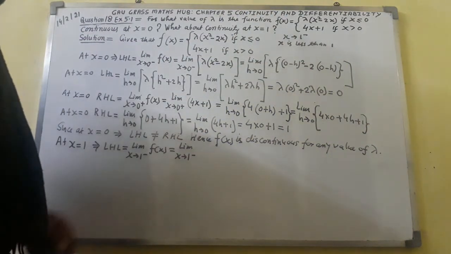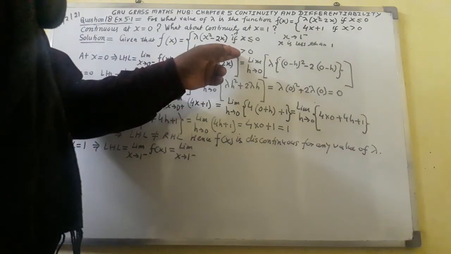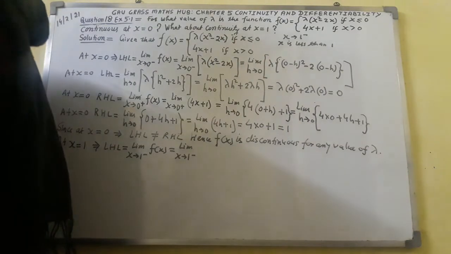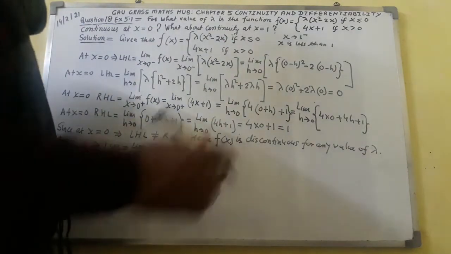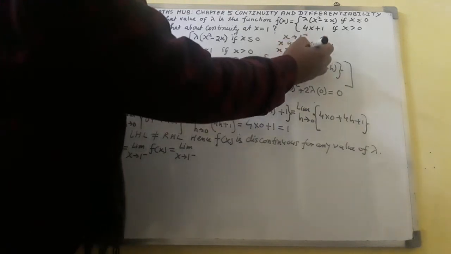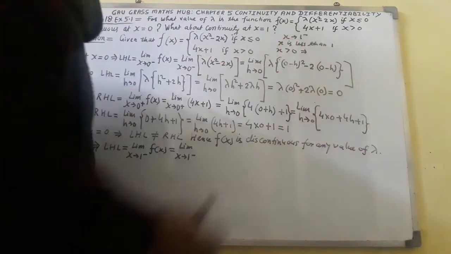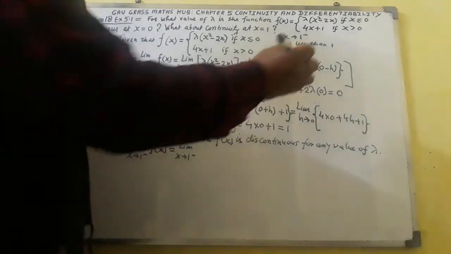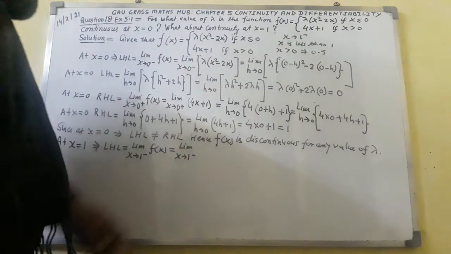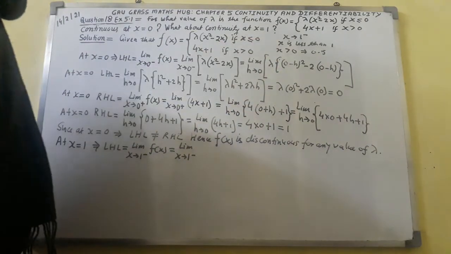So which function will you apply here? Here you can see the value of x is greater than 0. If I take x greater than 0, you can find 0.5.